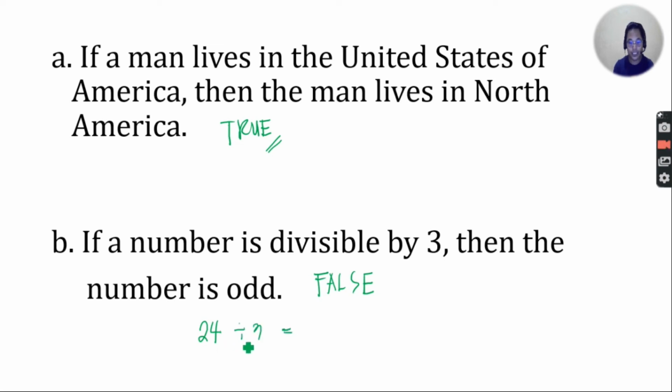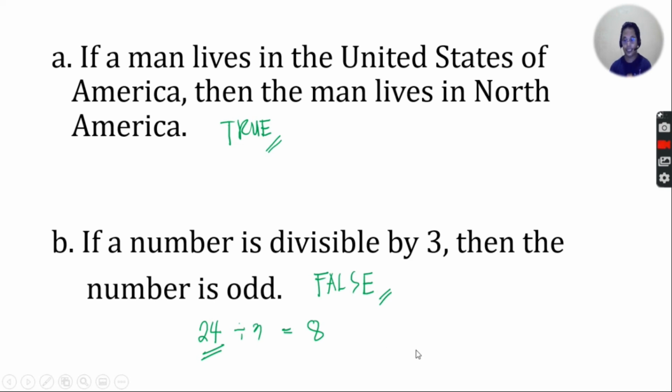So, 24 divided by 3 is 8. And 24 is not an odd number. It is an even number. So, kaya yung ating conditional statement ay false.